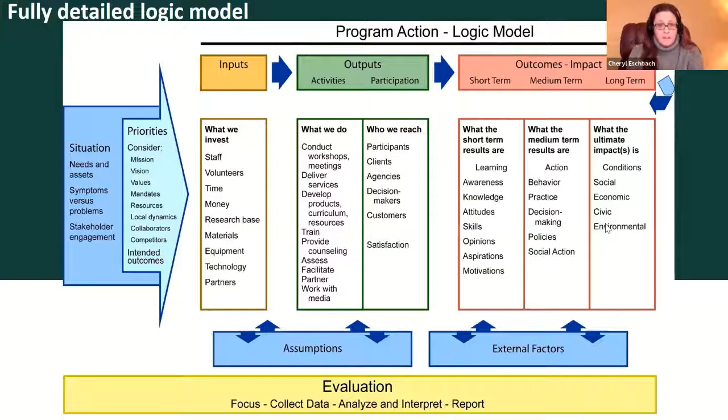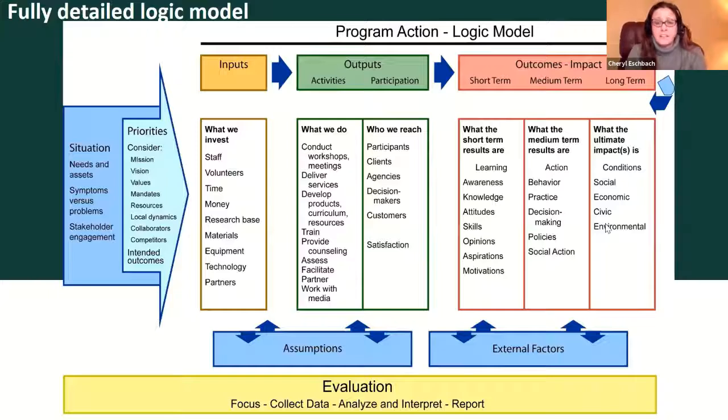Does that fit in our mission? Do we have staff capable of doing these things? And then external factors. We may be running a really good program, but is there the right budget, or is there other things happening in the society that change program priorities? So these are all very flexible and fluid things that can impact our logic model.